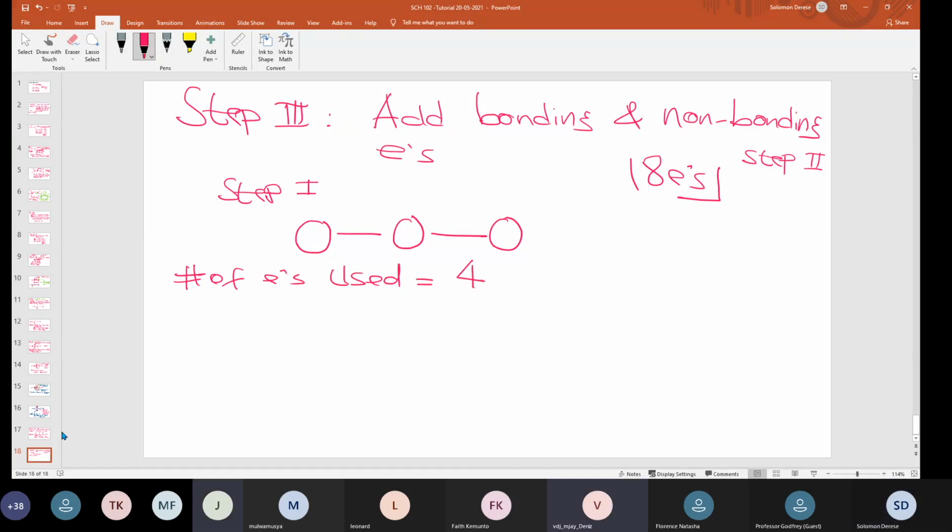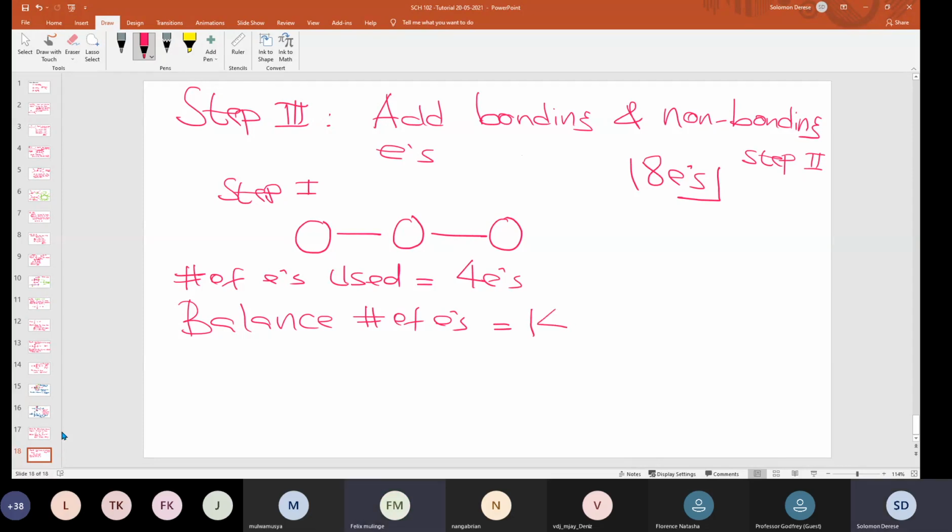Balance: 14. Now, what do we do with this? Let me draw it on the next page.